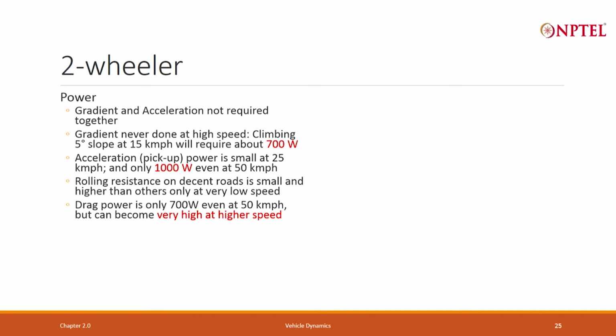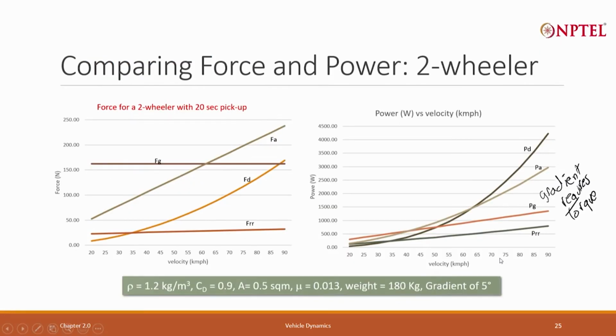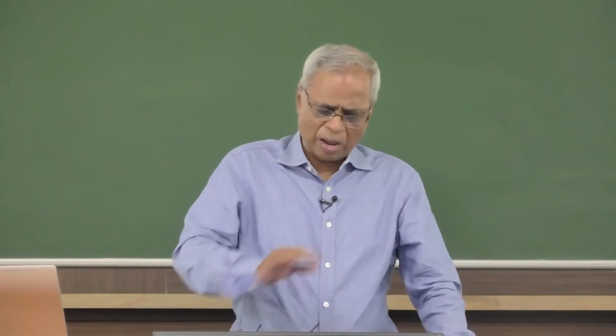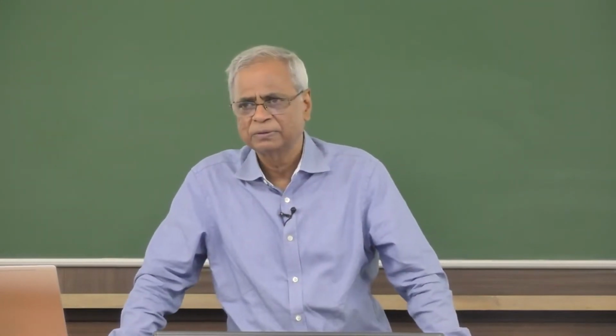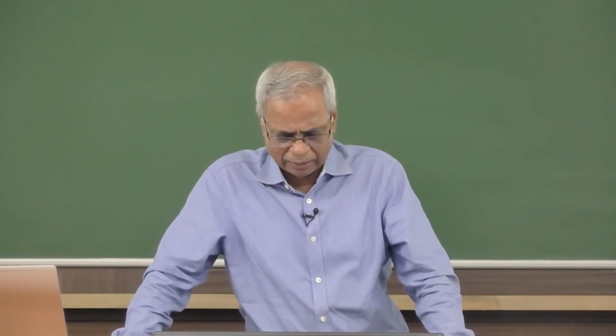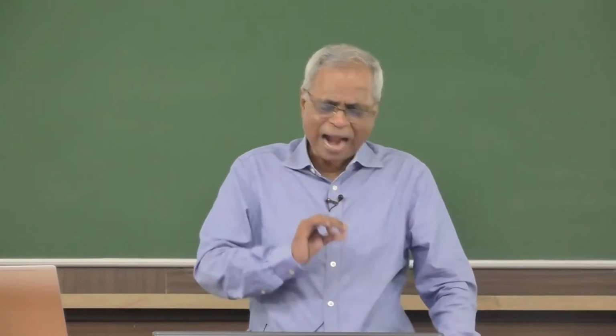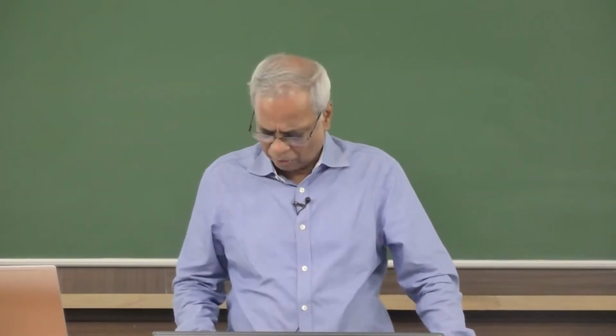But at higher kilometer per hour, drag can become the dominant. So, for a two-wheeler, I have to worry about the gradient power always, but gradient power will not go along with acceleration. So, I only have to worry about gradient power. And for acceleration, I have to worry about acceleration power, and I have to add the rolling resistance and drag also.